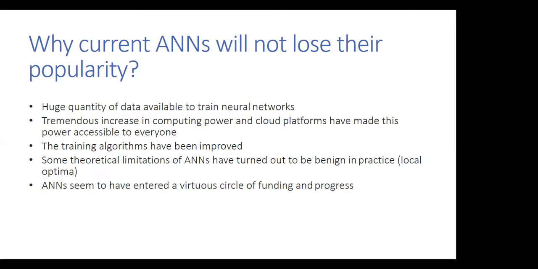There are several reasons. For example, one of them is the huge quantity of data available to train neural networks, because as you know, neural networks, especially deep ones, need lots of data, and this way they can generalize well on the test set. And the other reason is a tremendous increase in computing power.